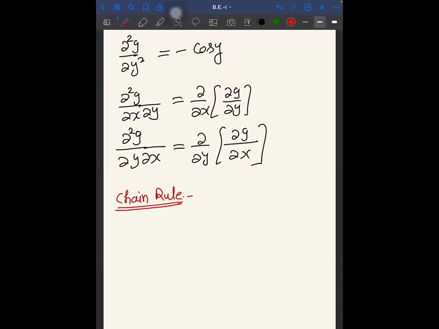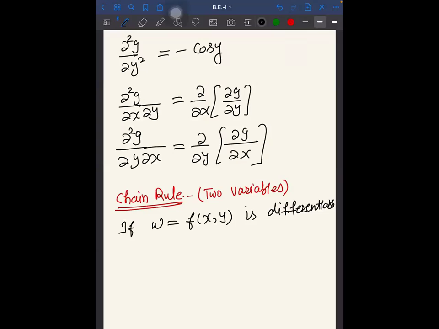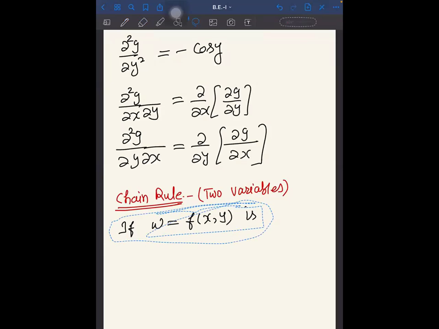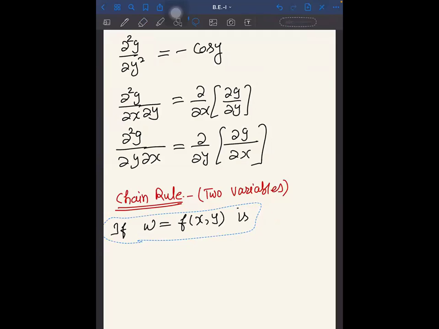So what does it say? Chain rule, let's say for two variables, and then we'll extend it. And what is that? If w is a function of x and y, that means only two variables, and is differentiable. Let's say it's a nice function to us and it is differentiable, creates no problem. Let me put it more clearly.